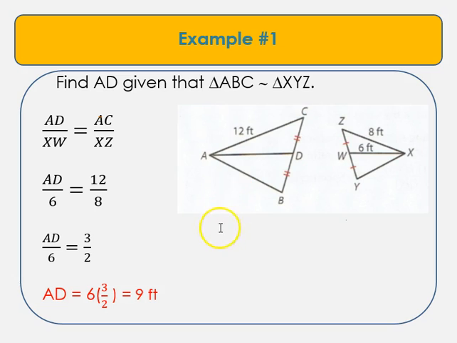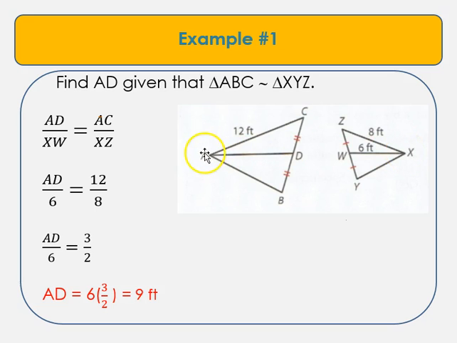So what we have here now is an example that asks us to find AD, which is one of the medians, given that these two triangles are similar. So I'm going to place AD on top on the left because that's what I'm solving for. And I'm going to compare AD, the median in the larger triangle, to XW, the median in the smaller triangle.